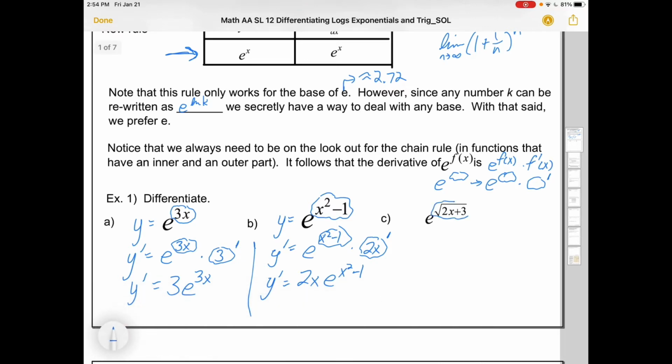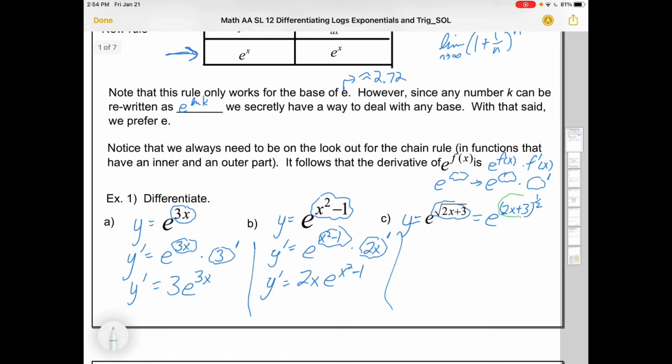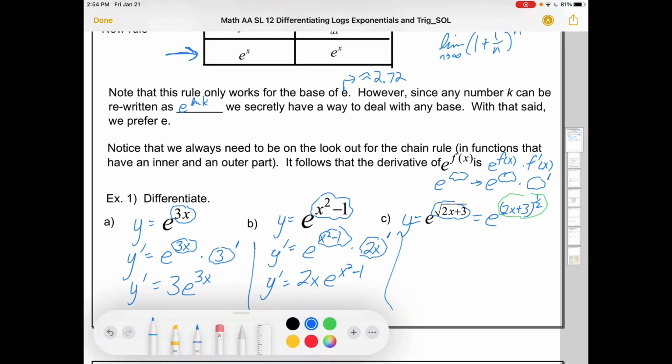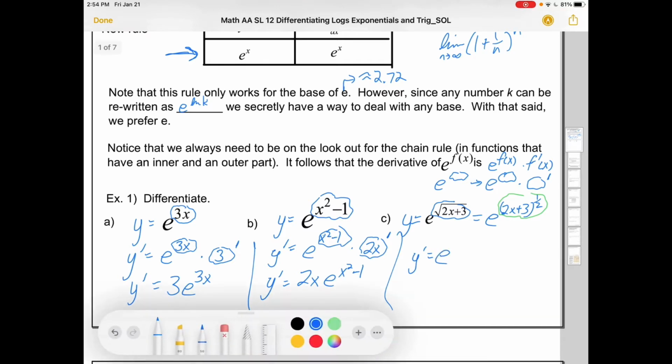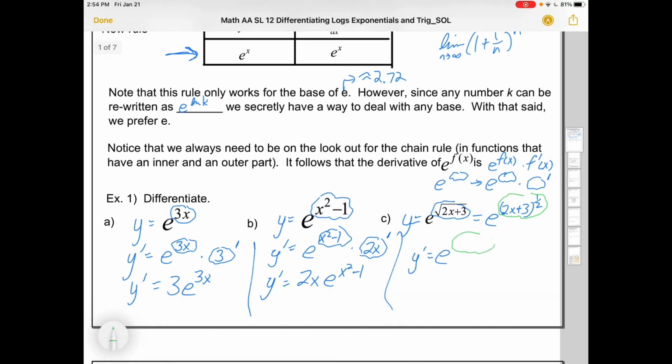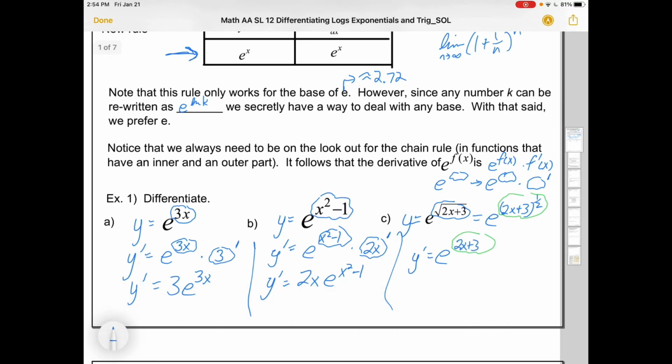So same deal here. We have e to the glob. But we might want to rewrite this in the form that says e to the (2x plus 3) all to the half. So we have e to the glob. This is our whole glob. So our derivative is going to be y prime is e to that same glob, which would be (2x plus 3) all to the half, or square root of 2x plus 3, times the derivative of that glob.